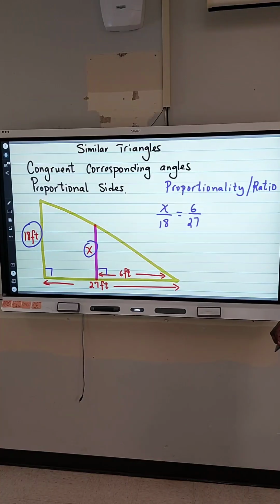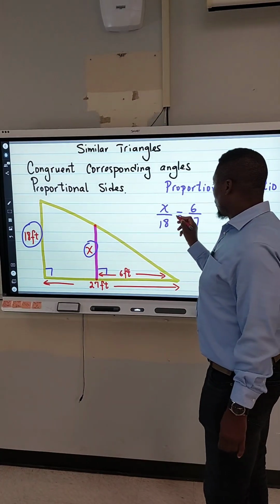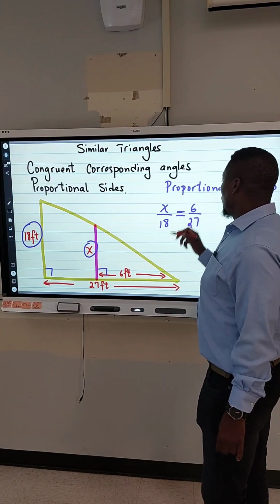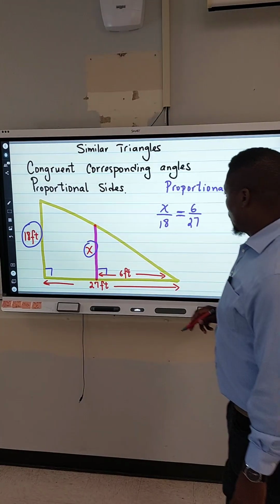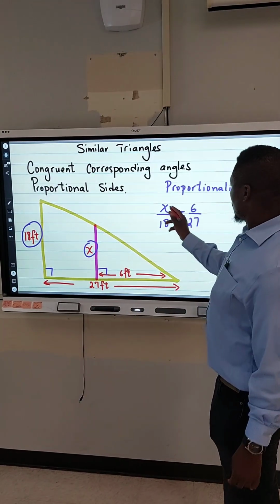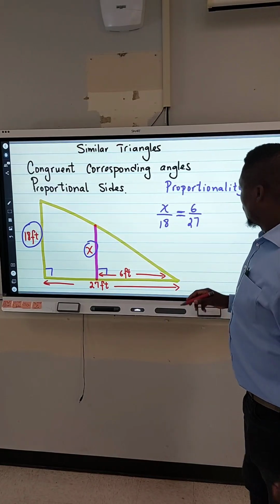So now we have an equation of proportionality that we can solve in multiple ways. One way is to cross multiply the terms.